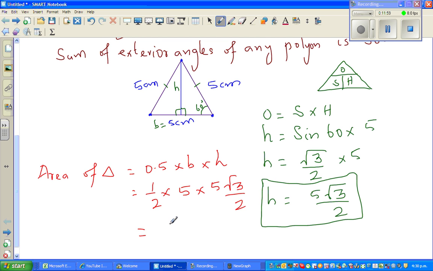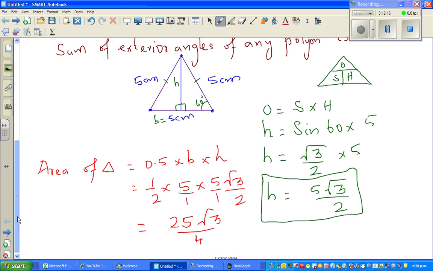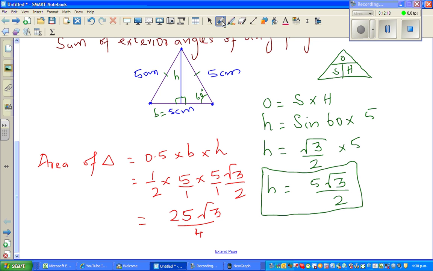So this is 25 root 3 over 4. I multiply the numerators, 5 times 5 is 25, and 2 times 2 is 4. So the area of one triangle is 25 root 3 over 4.